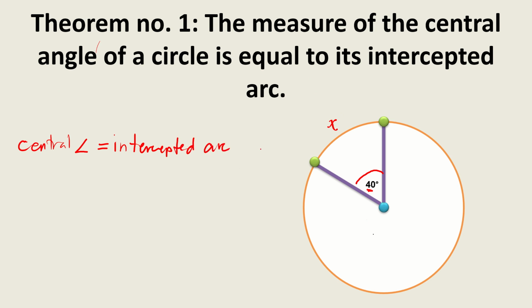And the intercepted arc in here is denoted by x. Kung ito ay 40 degrees at ito ang kanyang intercepted arc, by theorem number 1, what is the value of x? So x is also equal to 40 degrees. So itong x po na to, itong arc ay 40 degrees. Dahil kasi nga, the measure is always equal.